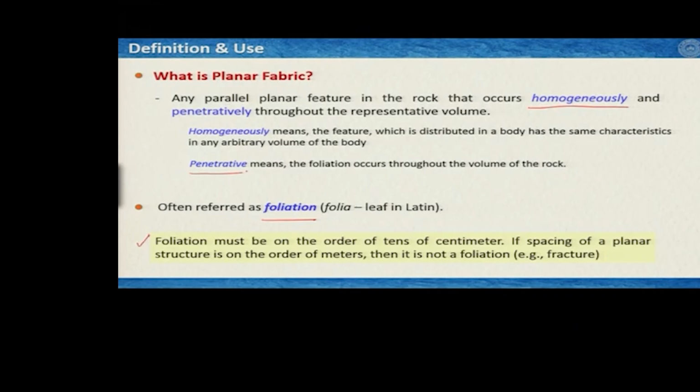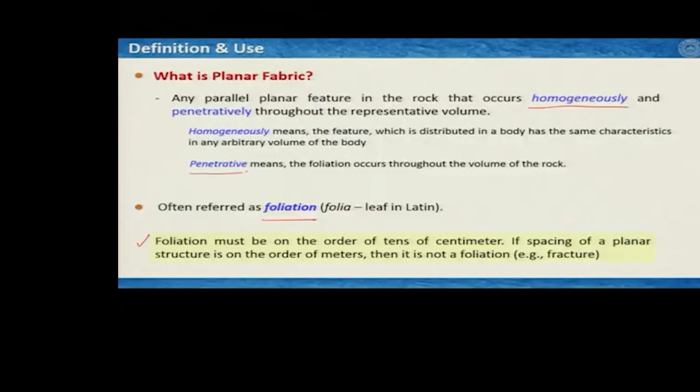If you ask this question, then here it is written within this yellow highlighted box. Foliation must be on the order of tens of centimeters. So, the repetition or the spacing between the two planar fabrics must be within 10 centimeters or less.